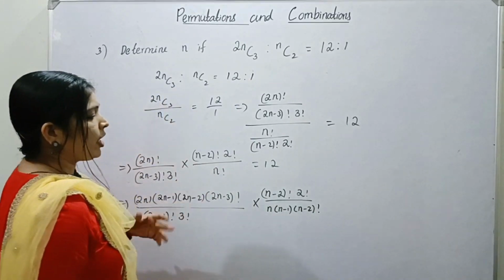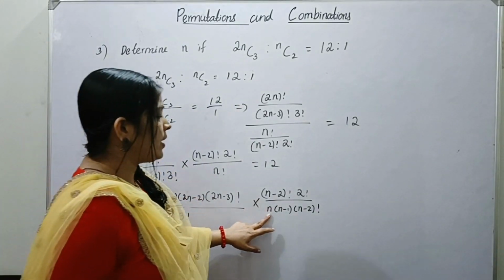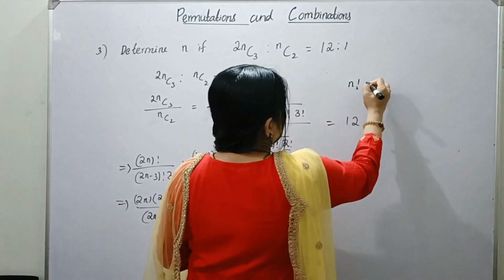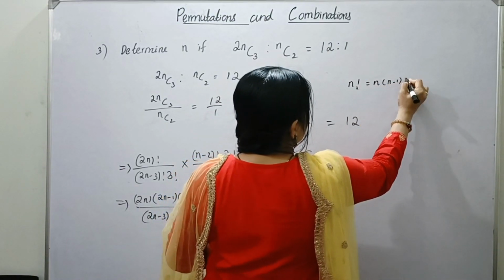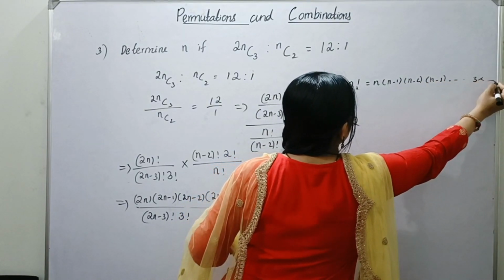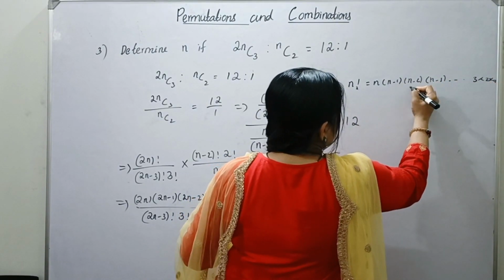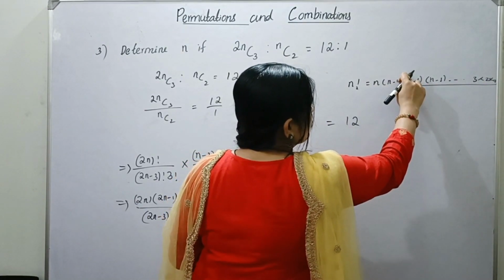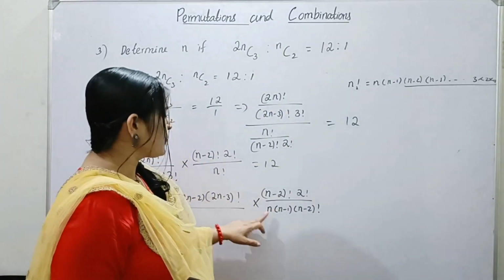I have already shown it before: n factorial is n into n minus 1 into n minus 2, next n minus 3, and so on, till 3 into 2 into 1. So write it as n into n minus 1 into (n minus 2) factorial.